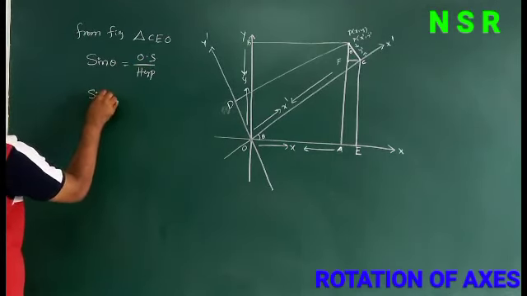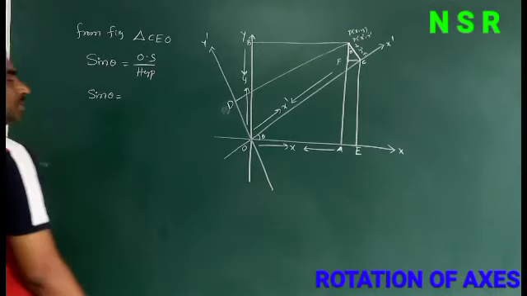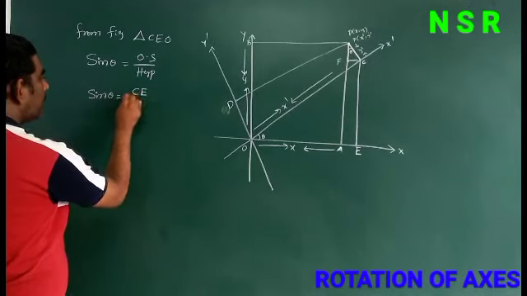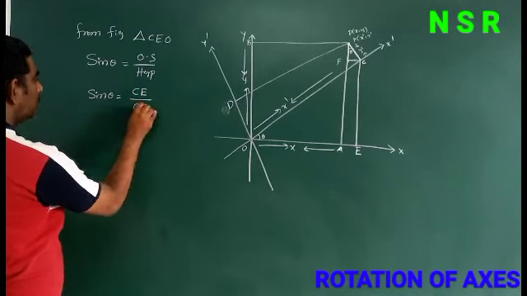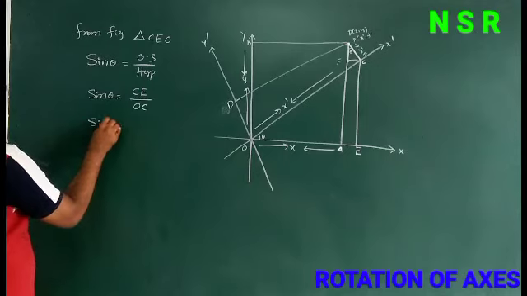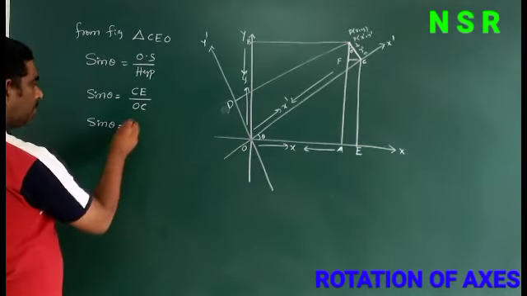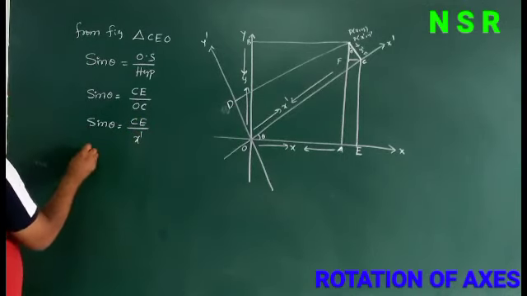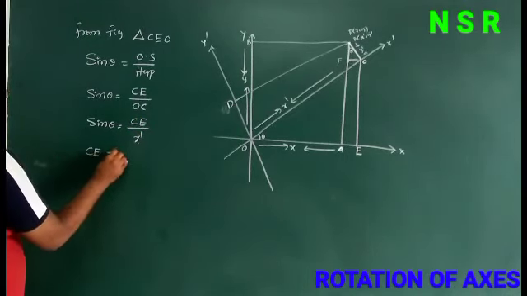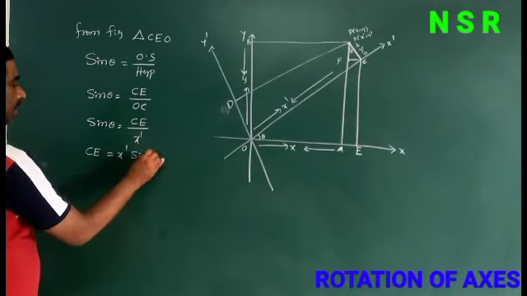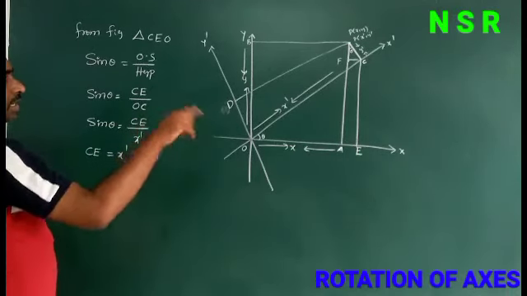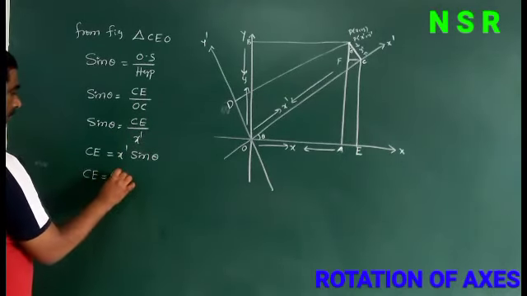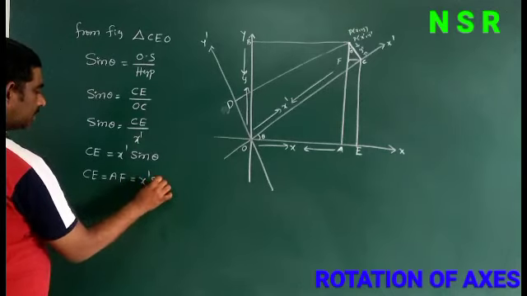Here the opposite side is CE and the hypotenuse is OC, which is x dash. So CE is equal to x dash sin theta. The distance CE is equal to AF, so CE equals AF equals x dash sin theta.